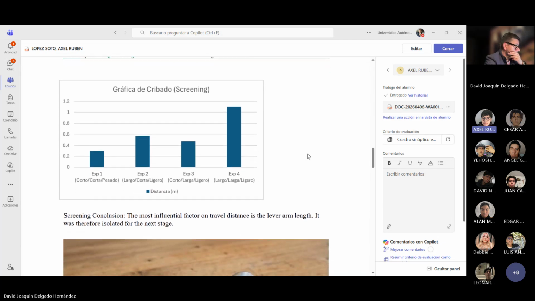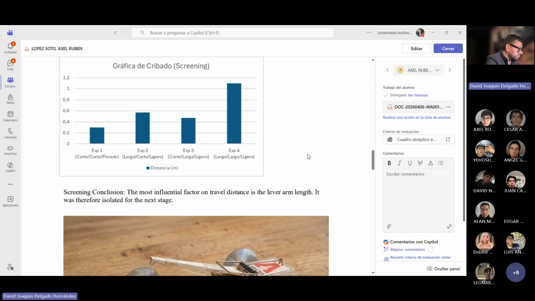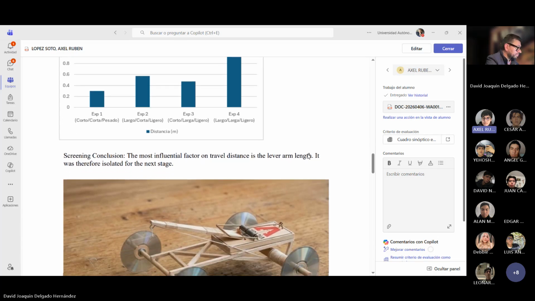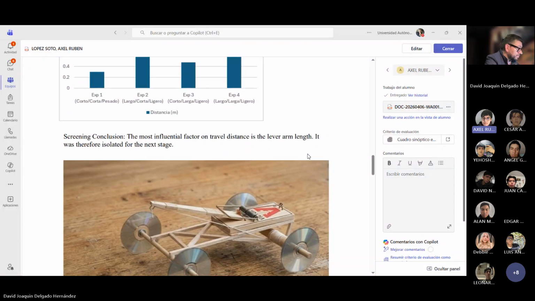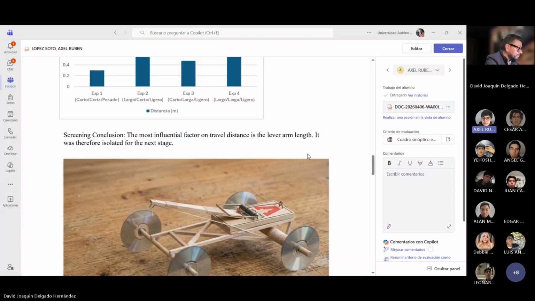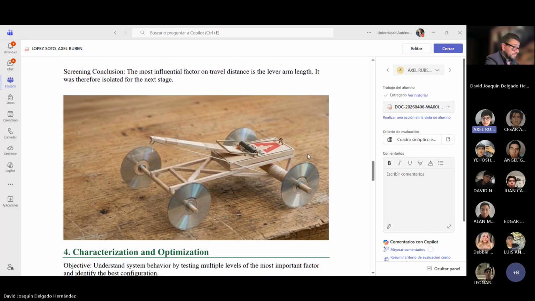And with the four different lengths of the lever, we found a short arm of 10 centimeters acts like a first gear in a car. Here the lever gives a violent initial torque that causes wheel spin and traction loss. On the other hand, a 40 centimeter arm is too long, exceeds the structural limit and loses elasticity efficiency.